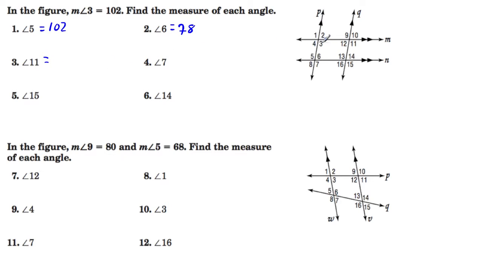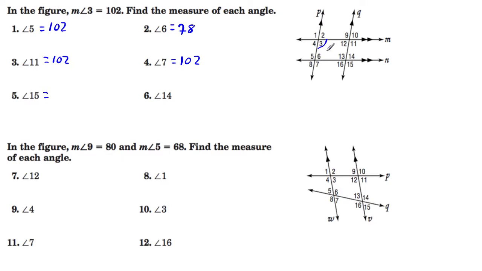If angle 3 is 102, angle 11 is corresponding, so that's also going to be 102. Angle 7 is also corresponding, so that's another 102. 15, all the way down there. What we can do is a double corresponding.